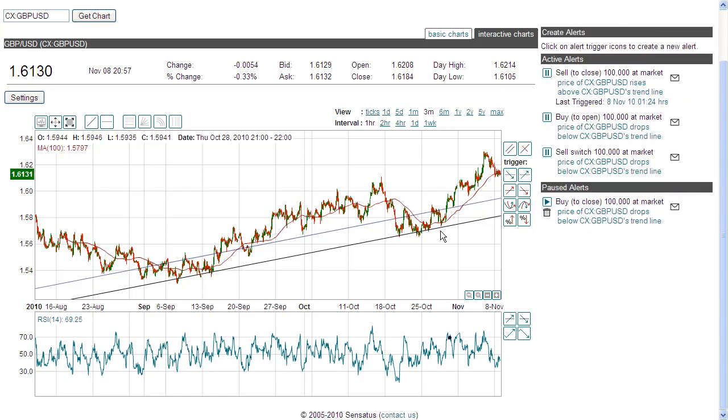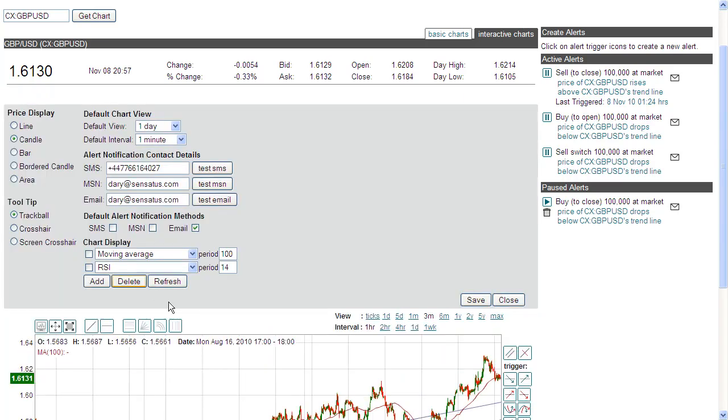Now in case the price does not hit this lower support trend line, I'm going to put a rule in place whereby if the moving average forms a positive MACD crossover, so I'm going to add the MACD indicator.